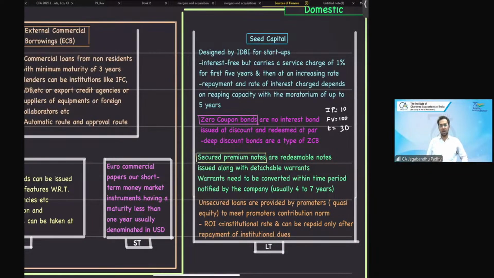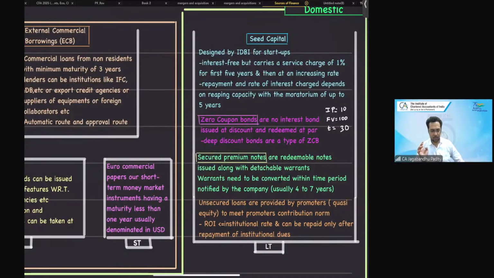No. Then how do we support them? IDBI, Industrial Development Bank of India, provides them interest-free loans. But then they say that we will charge you just 1% for the first 5 years. So for the initial 5 years, they're going to charge you just 1%.